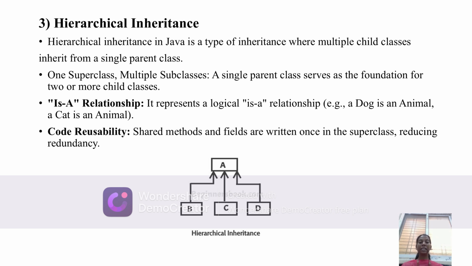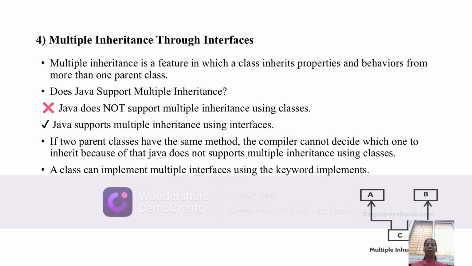The inheritance here in hierarchical is an is-a relationship. Through this we can achieve code reusability. If we write the code once, we can use it many times. Here we can see A is the superclass, B, C, D are the subclasses of the superclass A.